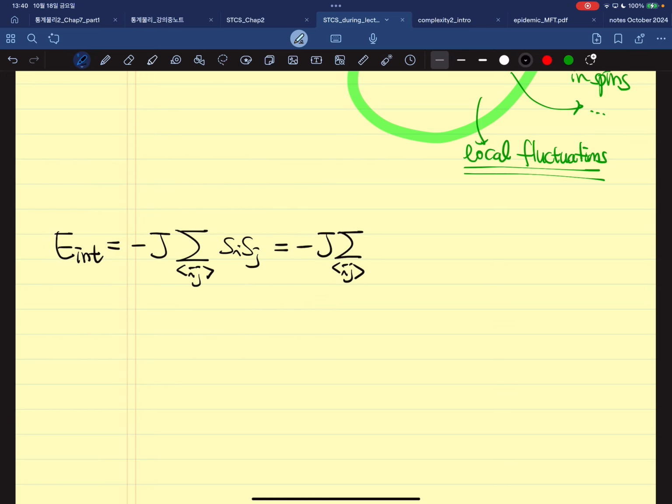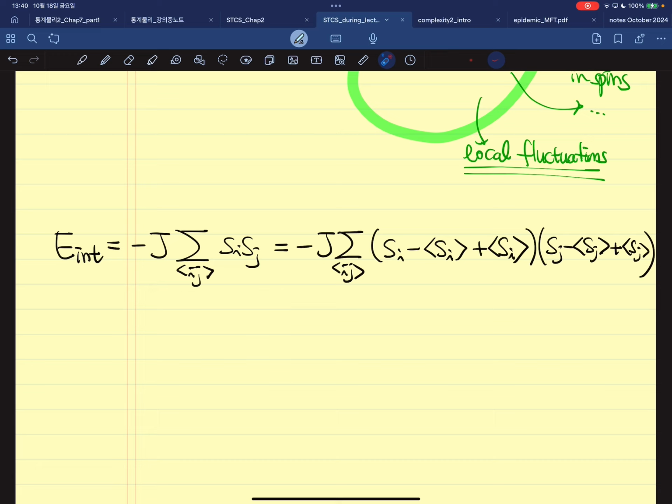Instead of just writing Si, let's write Si as Si minus the average value of Si, plus the average of Si. You may feel that this is a quite foolish thing to do, but let's write it this way. And of course, Sj minus the average of Sj, plus the average of Sj. I didn't do anything, it's just the same thing.